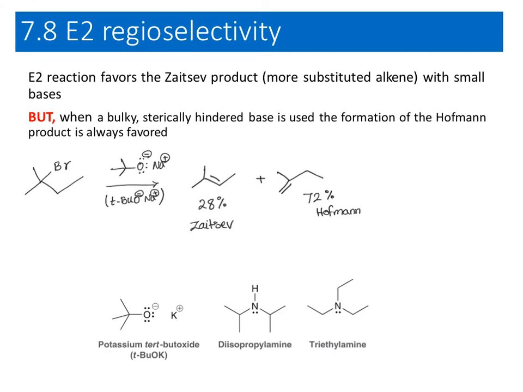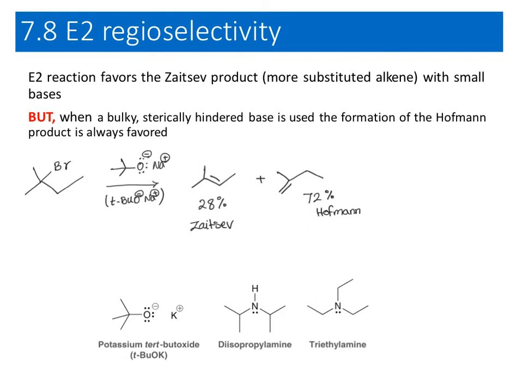If you make the model of the alkyl halide, you'll see that it is much easier for the tertiary butoxide to approach the beta hydrogen that is coming off the primary carbon rather than the secondary carbon. Therefore, the tertiary butoxide would make the Hoffman product more. However, when you have a small base, it is easy for the small base to get to either of these protons, and therefore it will form the more stable alkene, which is the more substituted alkene.